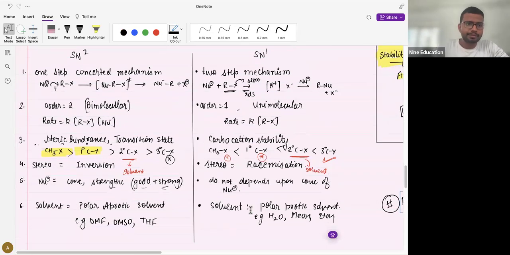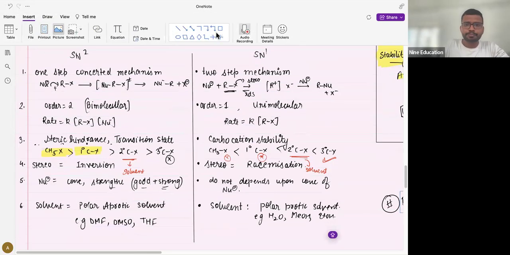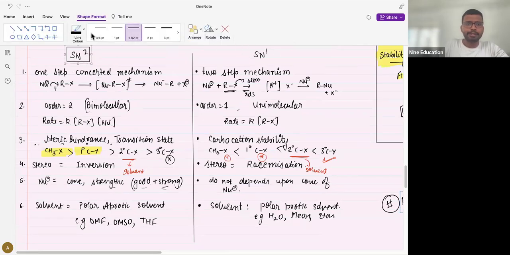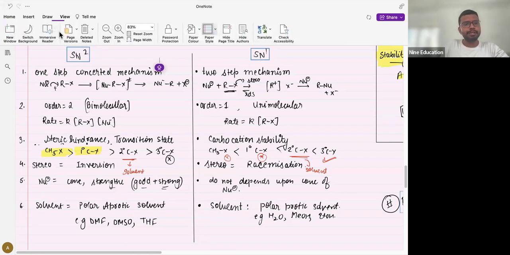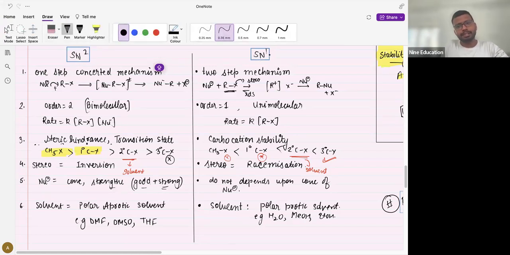So understanding SN1, SN2 reaction, today's last class of SN1, SN2 reaction. The difference between SN1 and SN2 is this: SN2 is a one-step concerted mechanism, but SN1 is a two-step mechanism.